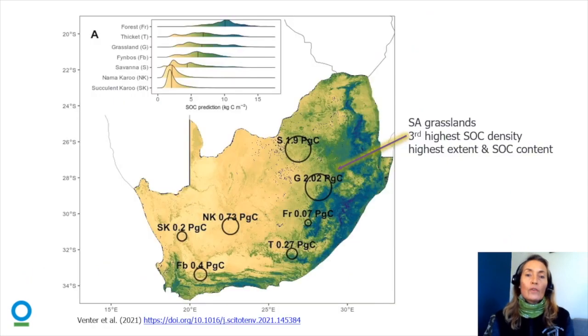And as we heard from Xander's talk, we know that the South African grasslands have about the third highest carbon density, so amount of carbon per unit area. And then the grasslands are quite large in extent in South Africa, so they end up contributing the most amount of soil organic carbon in the country.